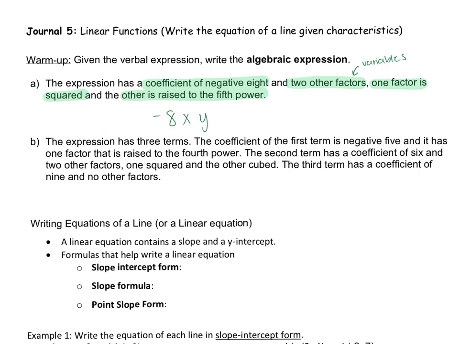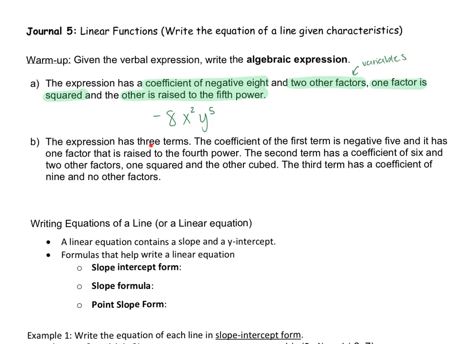So I'm going to use x and y. Make sure the factors are different from each other, because we can't assume that they are the same. And then it says one factor is squared, so I'm going to put a 2 as an exponent. And the other is raised to the fifth power, so I'm going to write a 5 for the other exponent. And that's it. There's no more that needs to be described, so this is my algebraic expression.